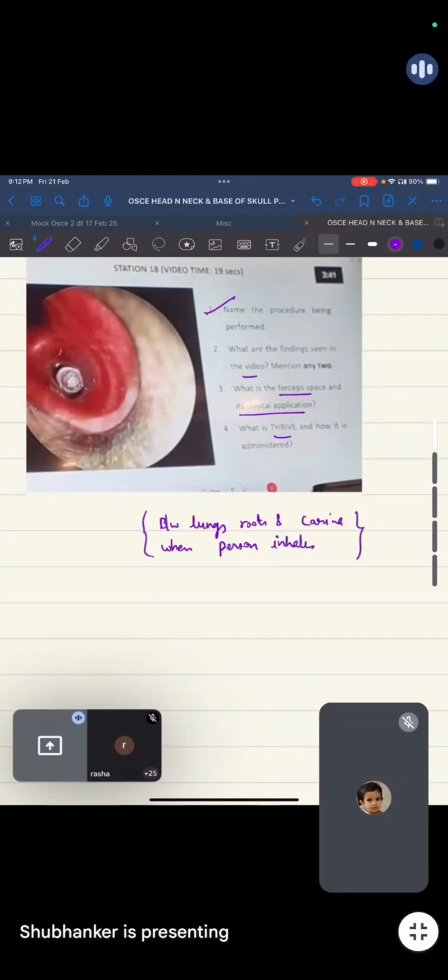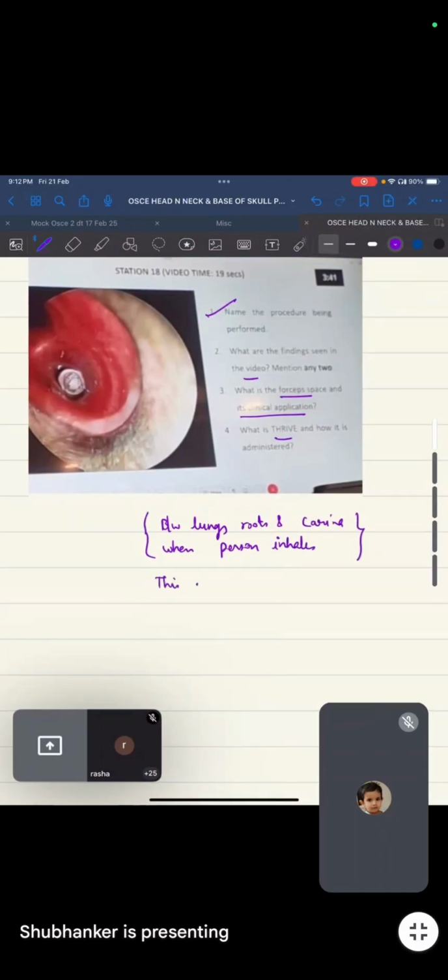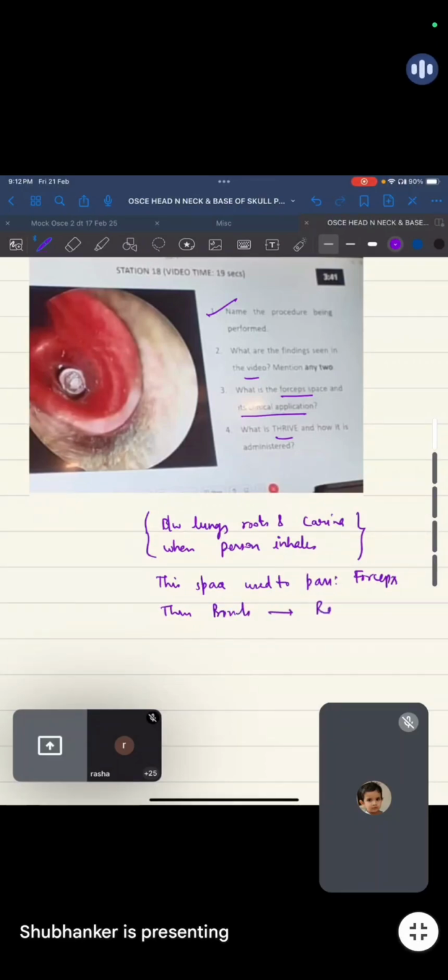And what is the application? That this space is used to pass forceps through the bronchus to remove the foreign body.